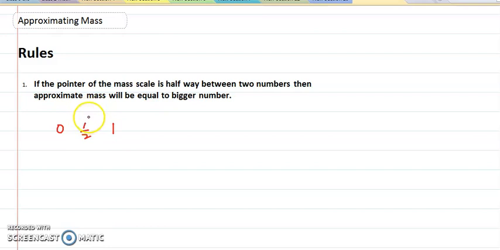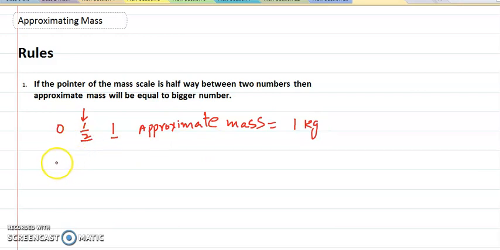If the mass scale points at 1 over 2, meaning it is exactly on 1 over 2, then when we write the approximate mass, it will go to the bigger number, and now the bigger number is 1, so I will say approximate mass is equal to 1 kg.